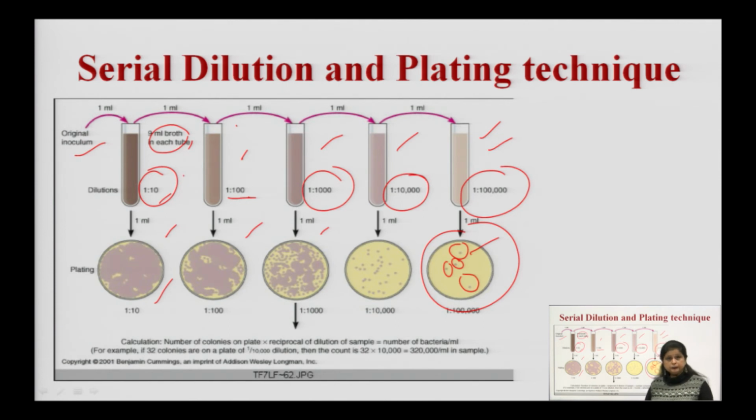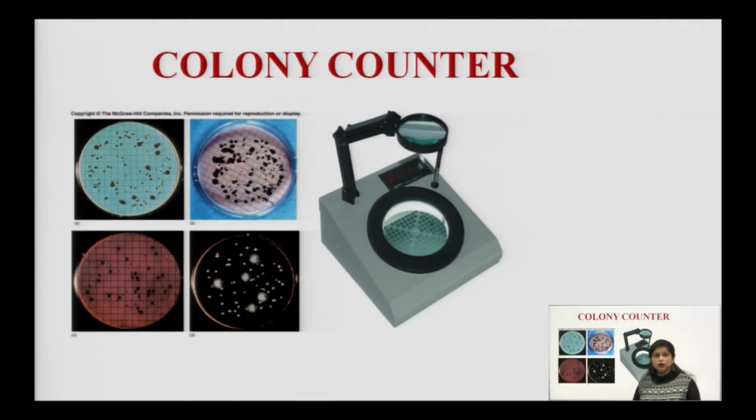So to see the colonies, once we have developed the Petri plates, as you can see in this diagram, we have Petri plates, and these Petri plates contain the microorganisms, the bacterial colonies, which are countable. We will place those Petri plates on the colony counter.